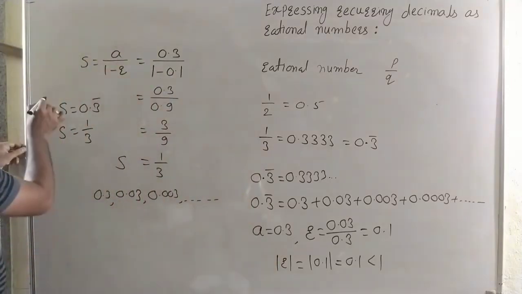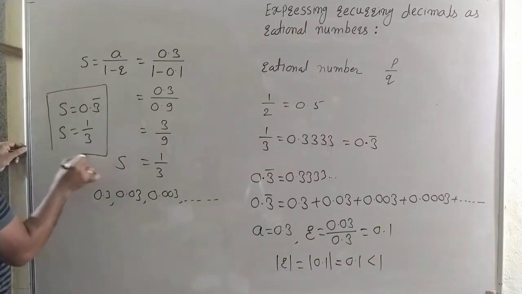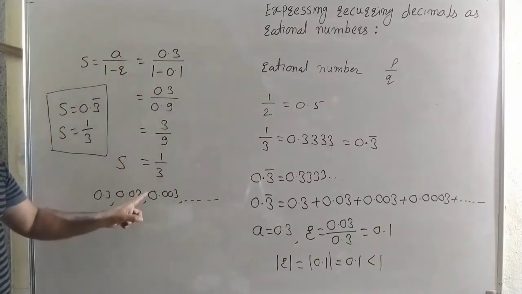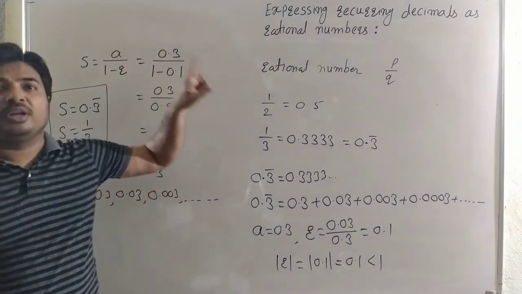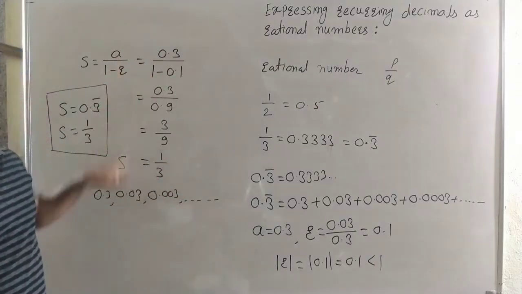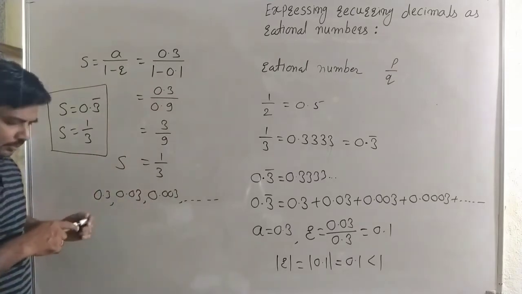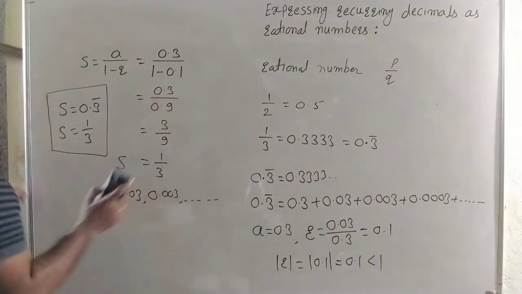Using the sum of the infinite terms of the geometric progression, we convert the recurring decimal into a rational number. See carefully this. Now we see some examples in exercise 4.2.3.